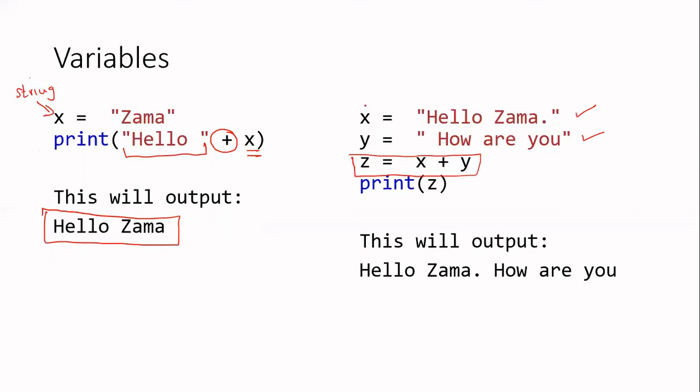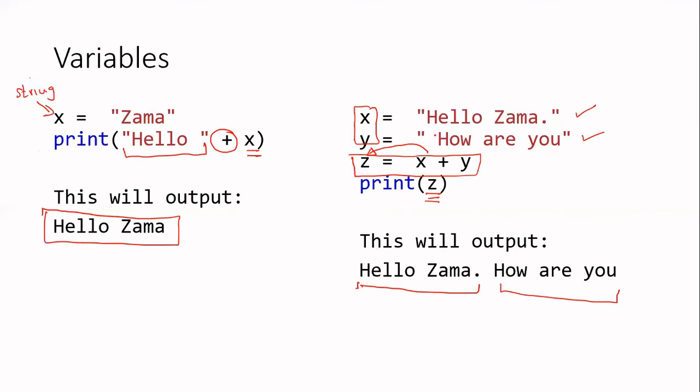So it adds these two strings, hello Zama, how are you? And it combines them and it stores the result in z. So when I say print z, that is now going to print the value of x plus the value of y. The value of x is hello Zama with a full stop. And then the value of y was how are you?